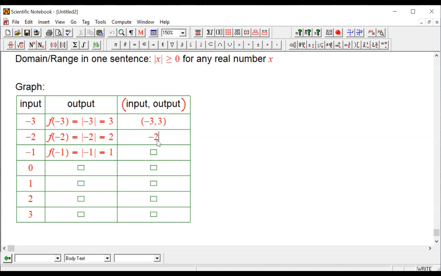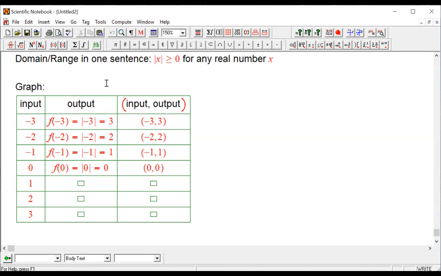Input -2, output 2. Input -1, output 1. For 0, when input is 0, the output is 0. And we got 0, 0.